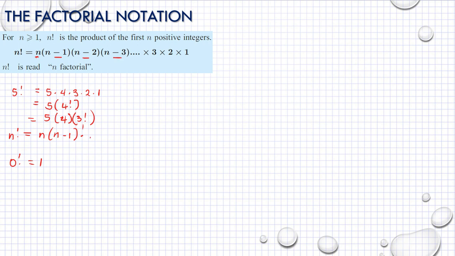We're going to use this: n factorial is equal to n multiplied by n minus 1 factorial. That means n minus 1 factorial is equal to n factorial divided by n, because if we divide both sides of the equation by n, then this will become 1.